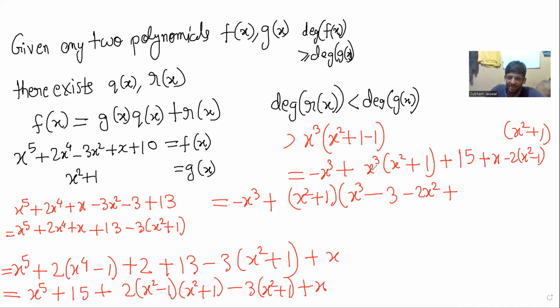Anyway, this thing, and this will be plus. Okay, and then I just simplify it. At no point have we changed the polynomial. That's the best part. So minus 2x square. So that's plus 2 minus 3.